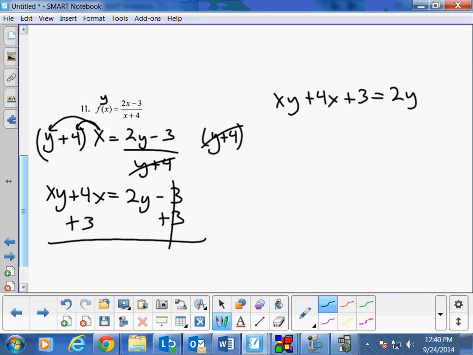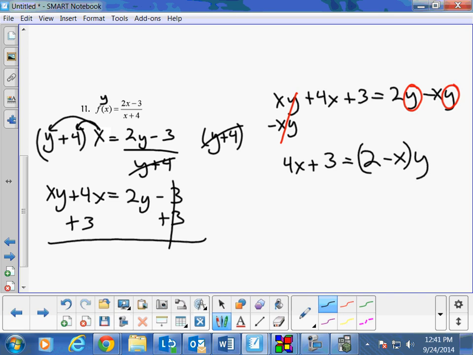And then my goal is to get just isolation of 1y. So if I move this xy to the other side, I give myself the ability to factor out this y you see here. So let's do that. I end up with 4x plus 3 is equal to 2 minus x, with my y factored out.